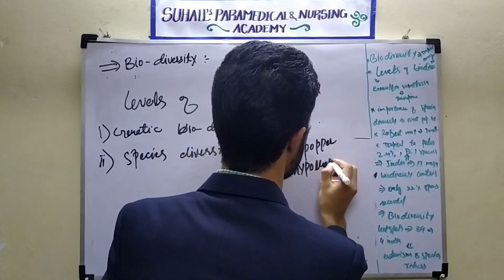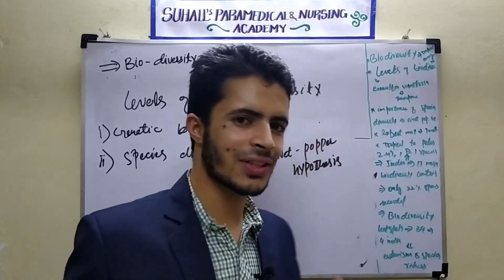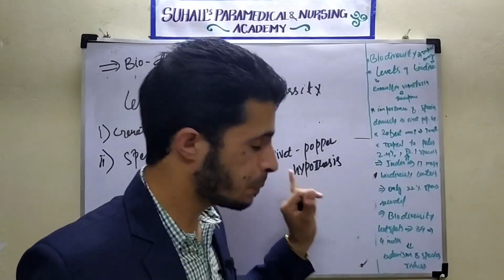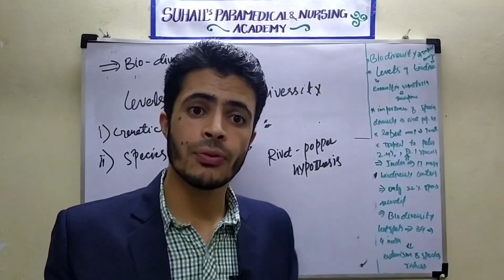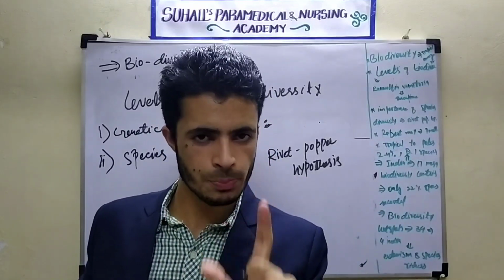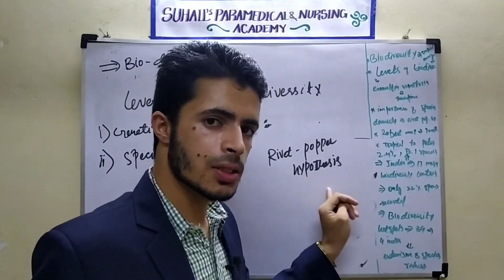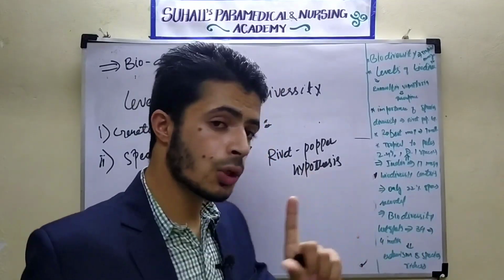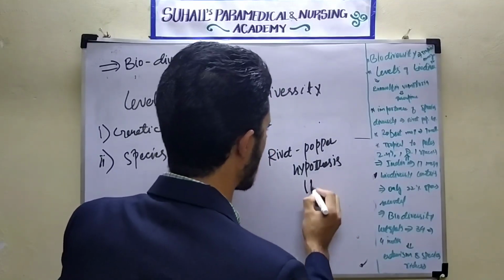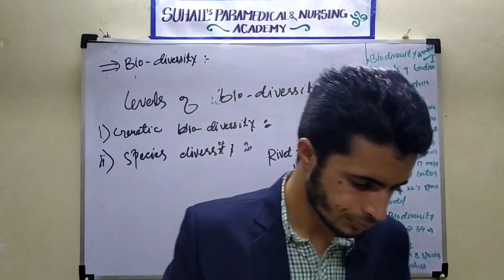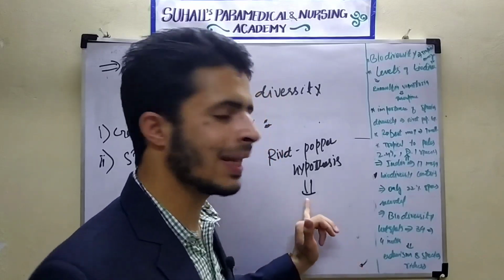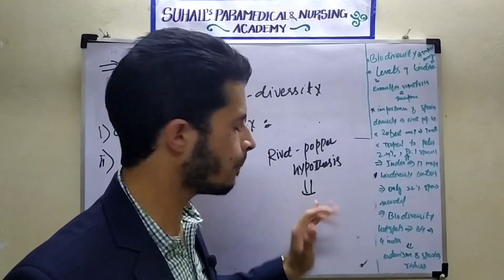This hypothesis gives us an easy understanding of how species diversity is important for the ecosystem. It was given by Paul Ehrlich.